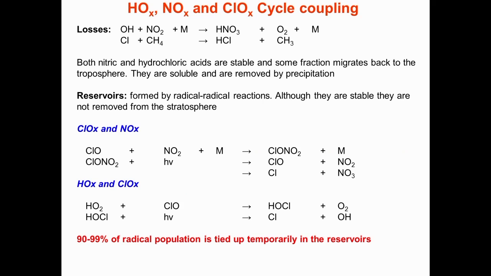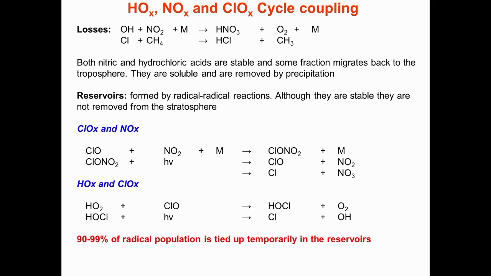But now we've got the HOx cycle, we've got a NOx cycle, we've got a ClOx cycle, and we've got the Chapman cycle. These all control the ozone and the concentration of O, or the ratio of the concentrations of O to ozone, to a varying degree, depending upon how much of each cycle is happening.